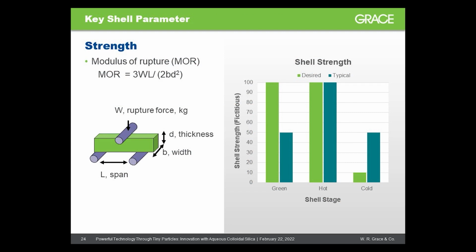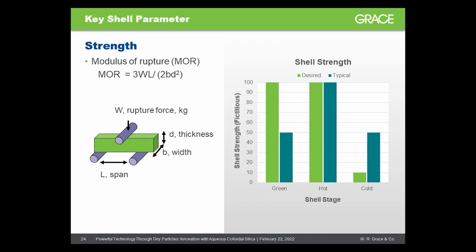One of the key parameters that is used as a measure of the binder performance is the strength of the shell, as indicated by the modulus of rupture. The MOR is calculated from the applied force at rupture of the ceramic body while taking into consideration the geometry of the part. Ideal performance for the shell MOR, as well as more typical performance, is represented in the graph.